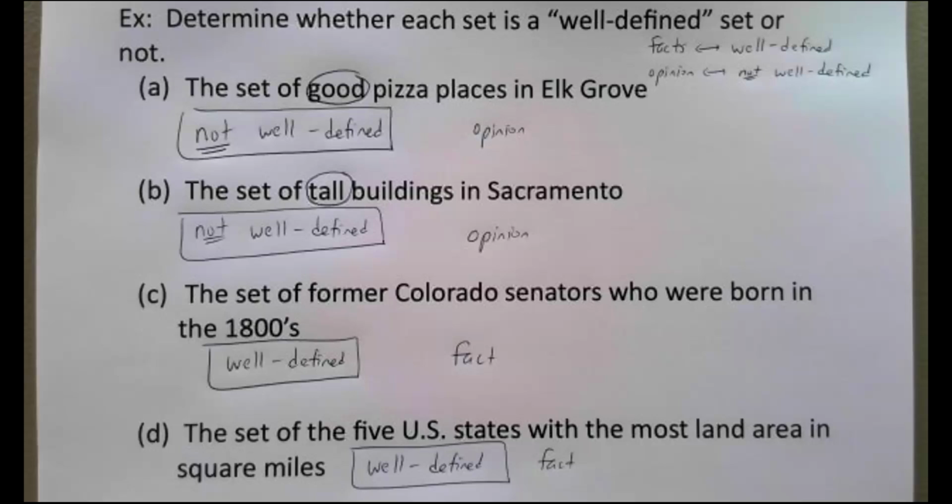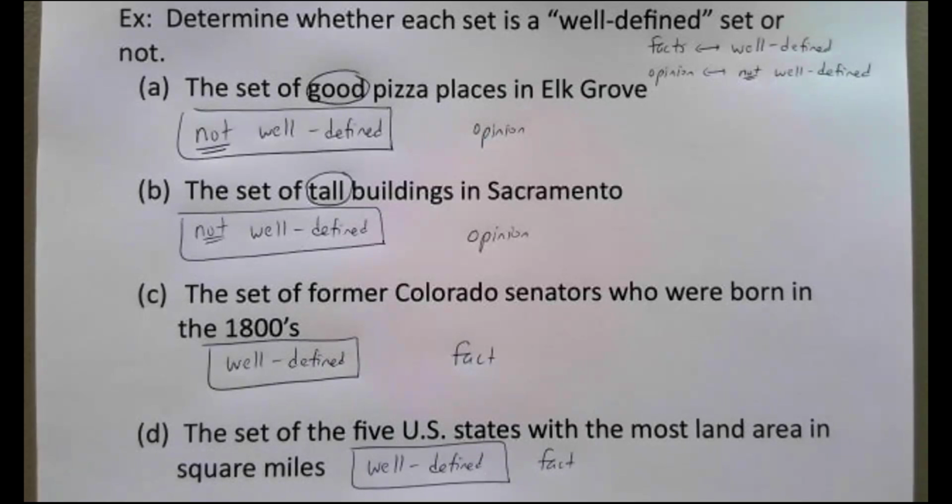Doesn't matter what you think are the five U.S. states with the most land area. It's what are the five U.S. states with the most land area. Even though you might not even know what they are. You probably know a couple of them, I'm guessing, because you know some of the big states, but you may not be able to come up with all five of these, but it's still a well-defined set because it's not based on your opinion.